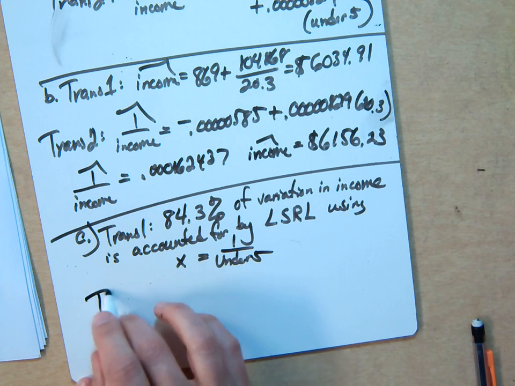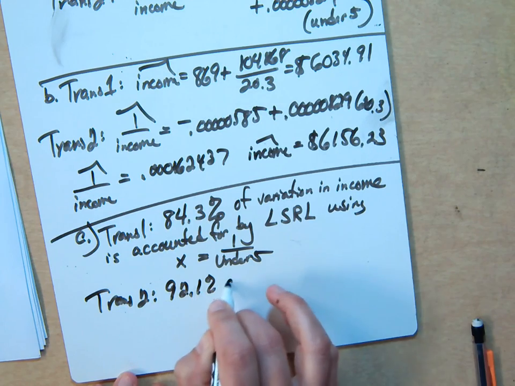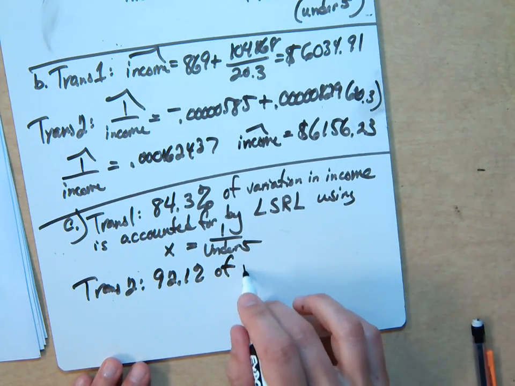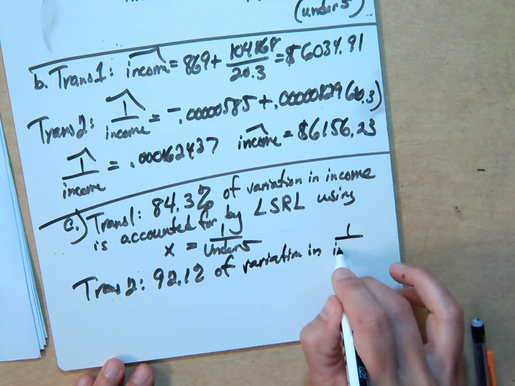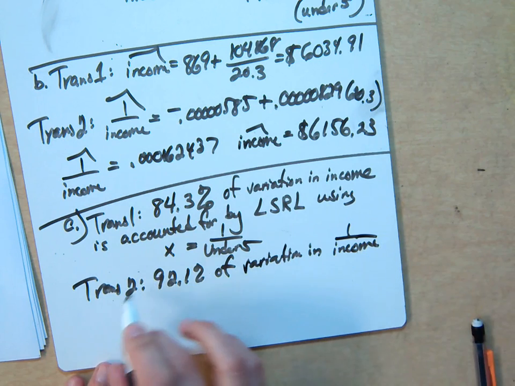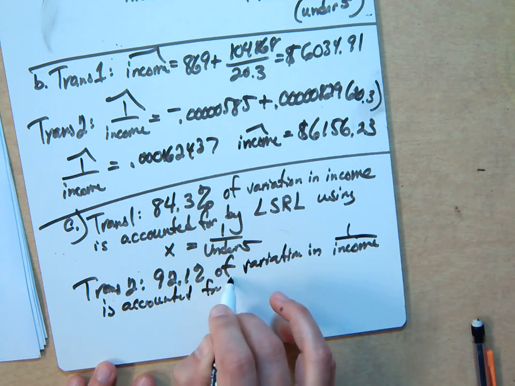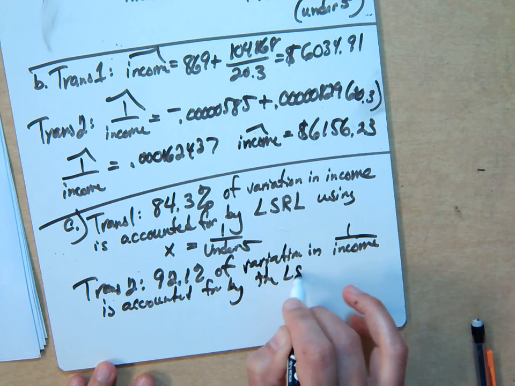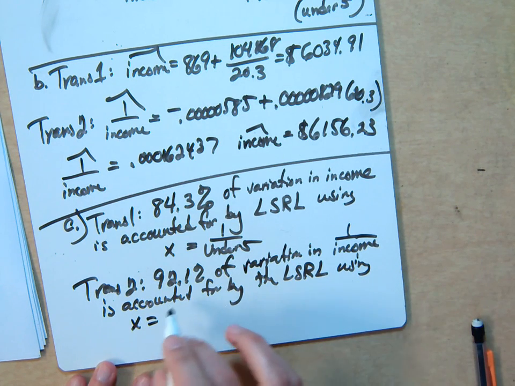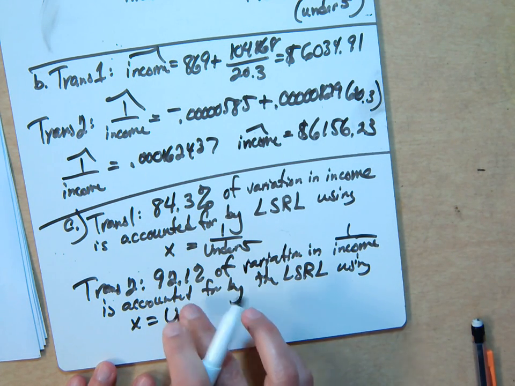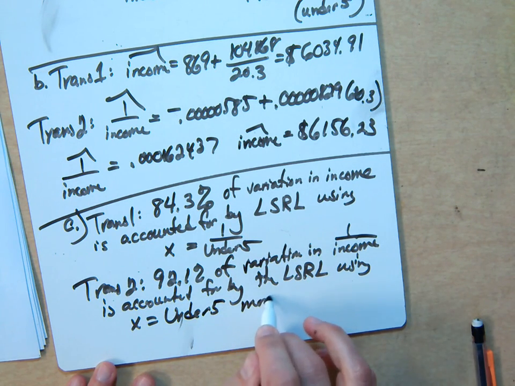And for transformation 2, we would say 92.1% of the variation in the reciprocal of the income, 1 over income, is accounted for by the least squared regression line using x, the under 5 mortality rate.